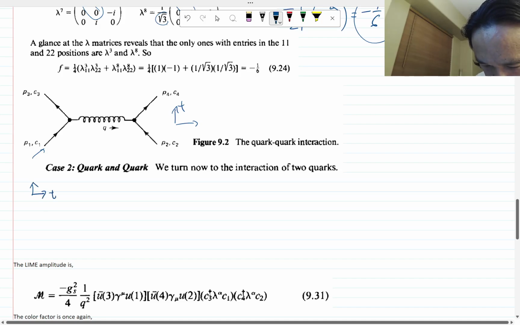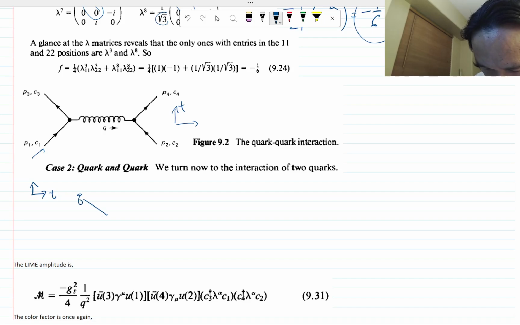So we're going to have a quark coming in, where it has momentum P1, some color C1. It's going to exchange a gluon, and then this is another quark, P2, different color, and then it scatters out.